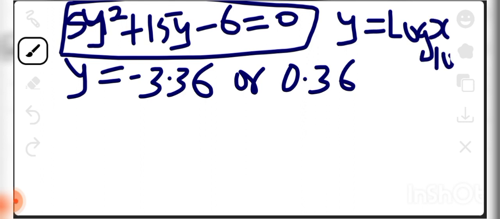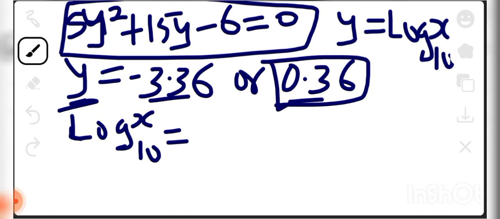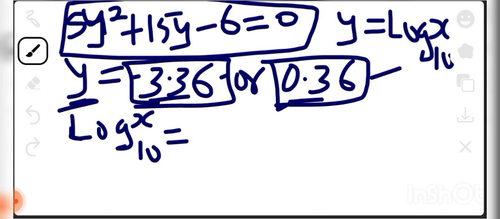So you come back again now. I just put log x to base 10 now be equal to either this or this. Let me use any of them first.